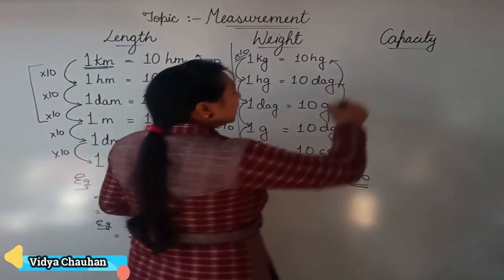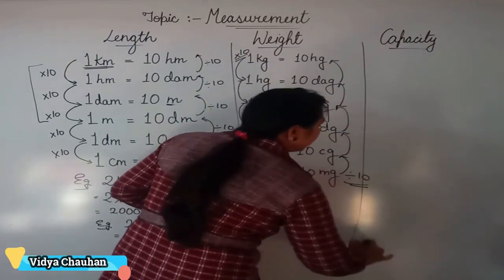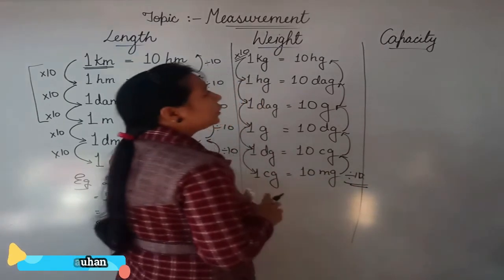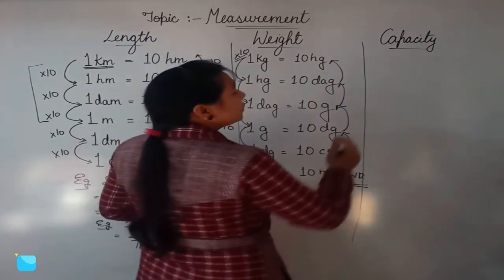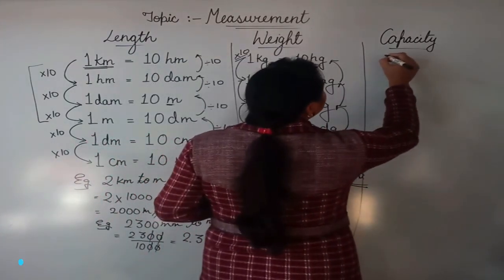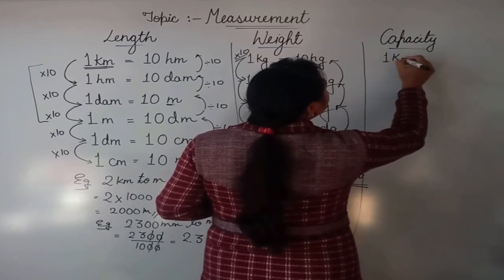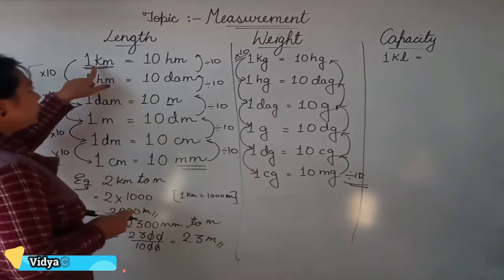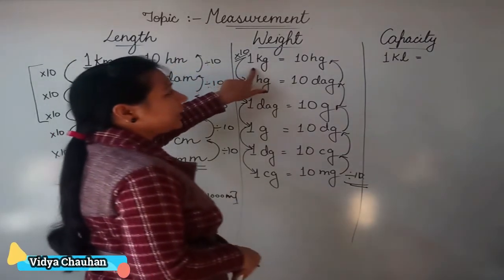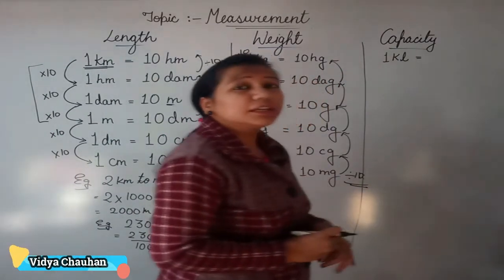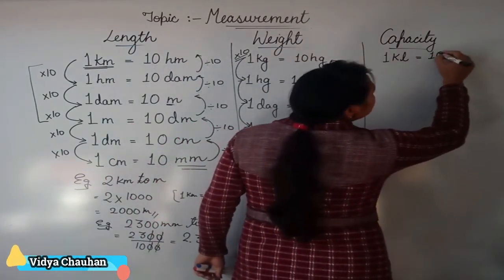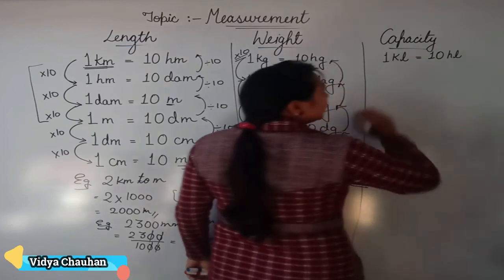Now let's move to the last part, and that is the conversion in terms of capacity. That means volume. If we talk about the conversion in terms of capacity, then the very first term, the biggest unit in capacity, is kiloliter. Here it was kilometer, then it becomes kilogram and now it becomes kiloliter. So 1 kiloliter is actually equal to 10 hectoliter.